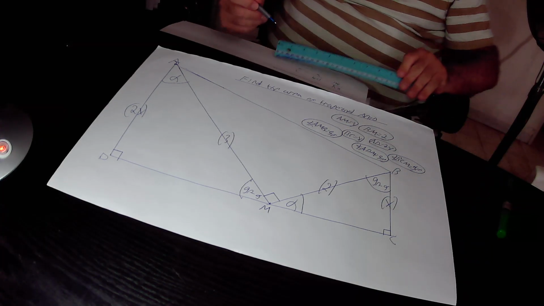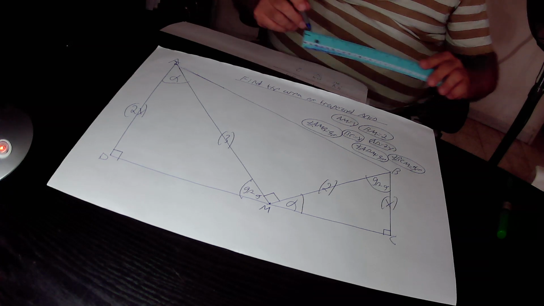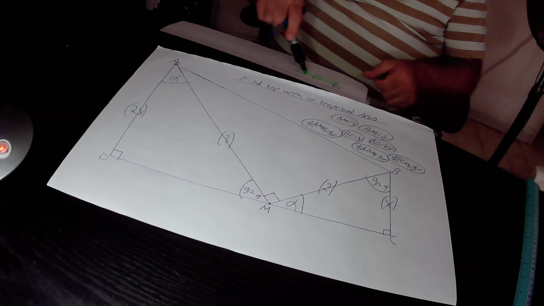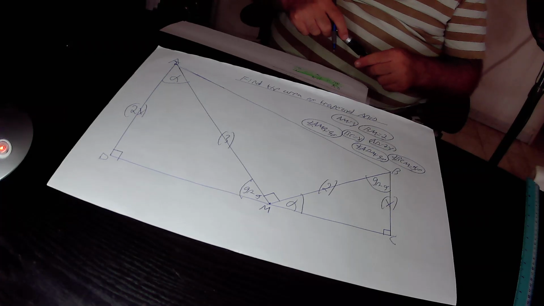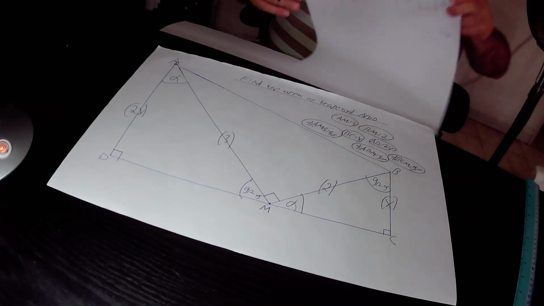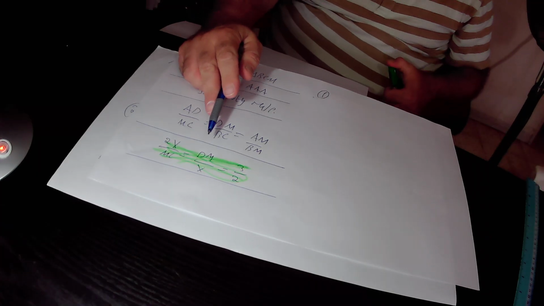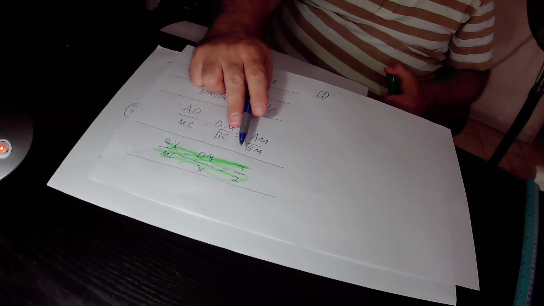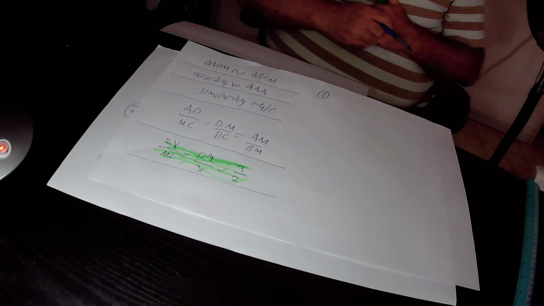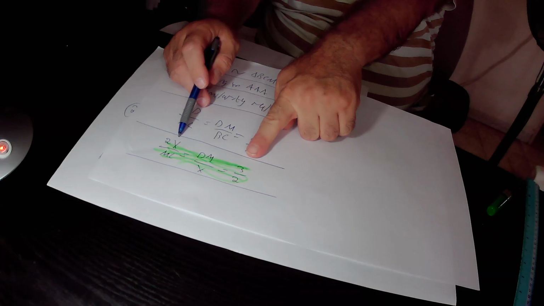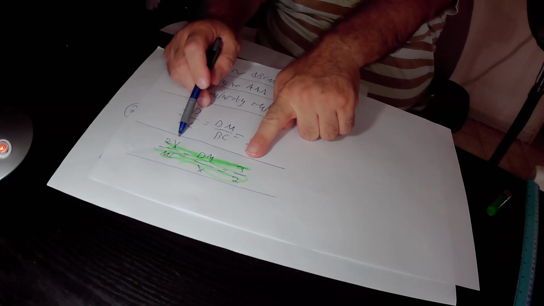So in total, we found out that 2x over MC equals DM over x equals 3/2. Those two expressions are equal to each other, therefore we get equation 1 from them.